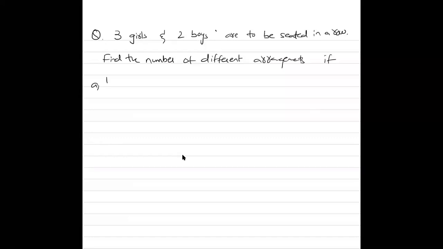Find the number of different arrangements, different ways that this can be done if part A says the girls and boys sit alternately.